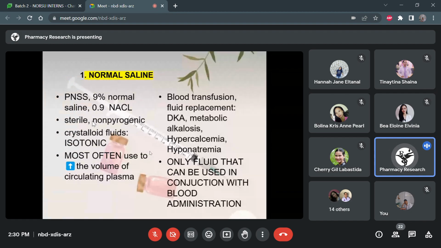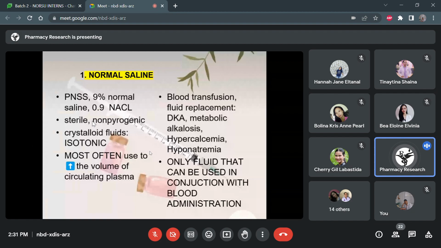Normal saline is used, guys, for blood transfusion since it is isotonic. It is easier to flush out during blood transfusion, and since it is isotonic it cannot cause embolism, unlike fluids with sugar and other minerals.